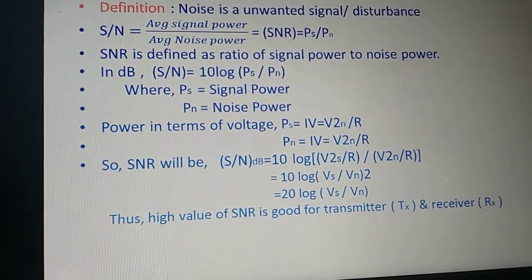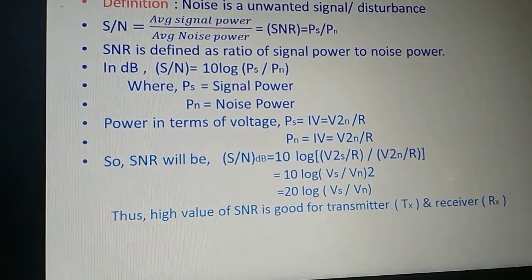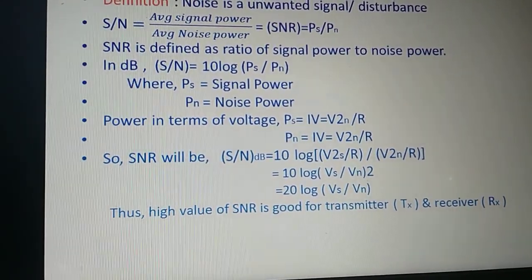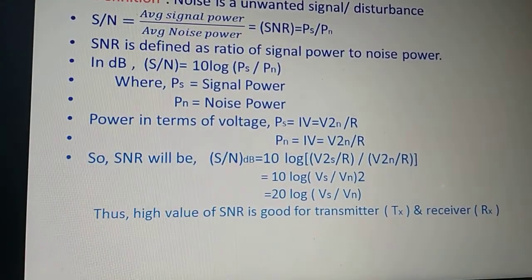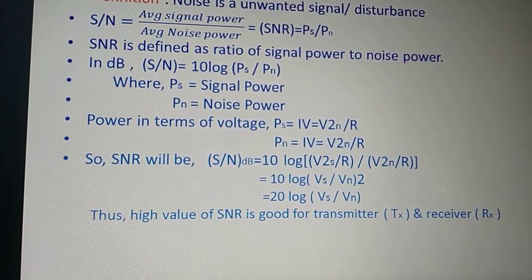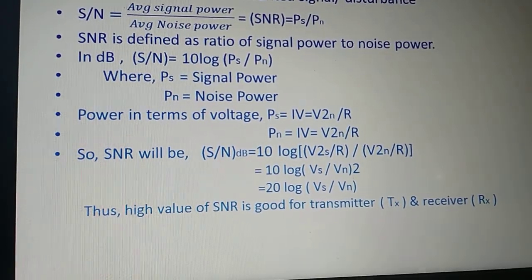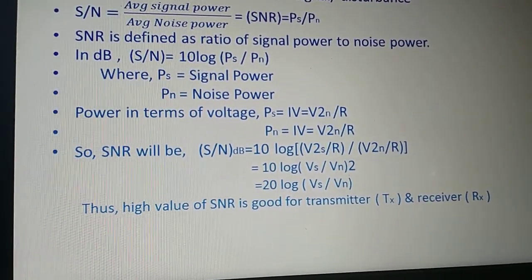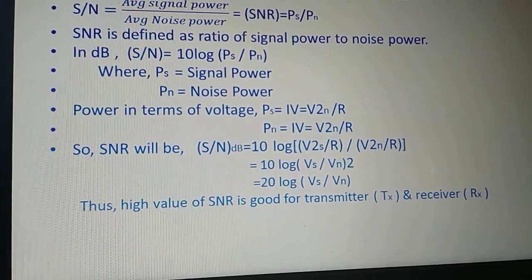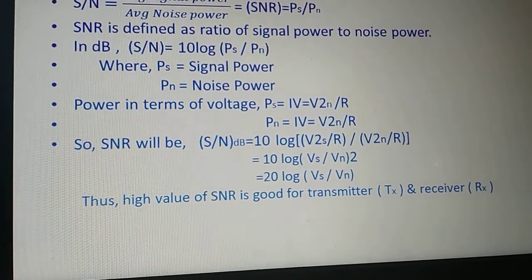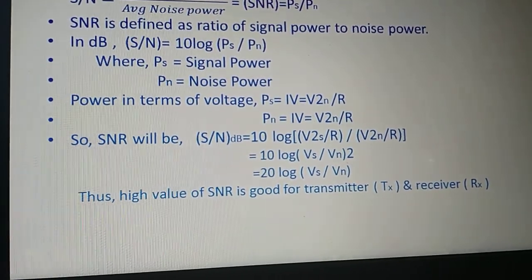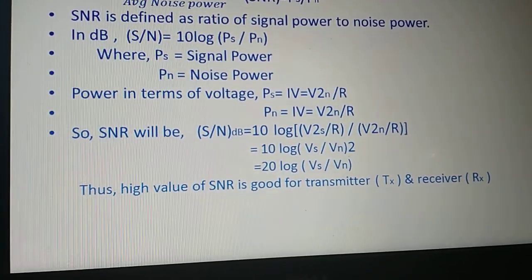And in terms of voltage, power is equal to a multiplication of current and voltage. I can say PS, signal power, is equal to IV is equal to Vs square by R. Similarly, for noise power, I can say Pn is equal to Vn square by R.